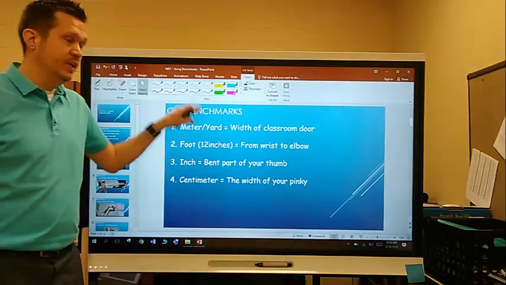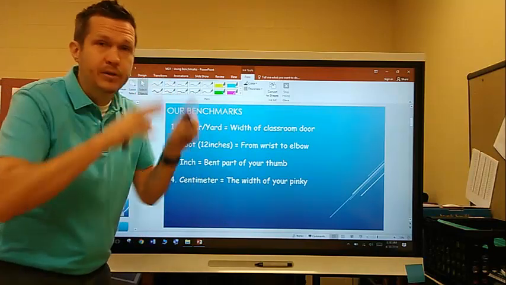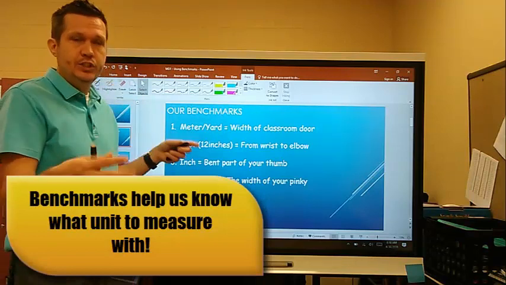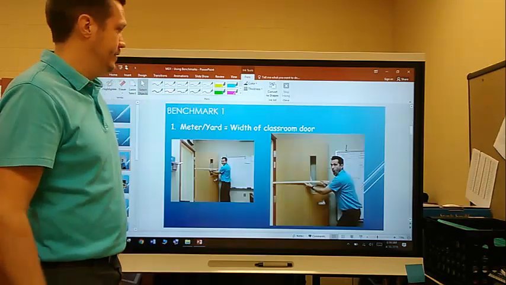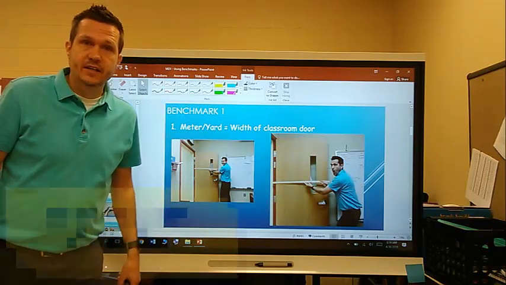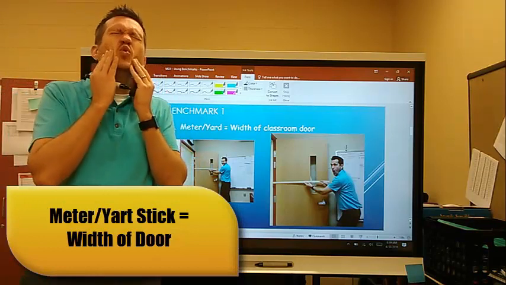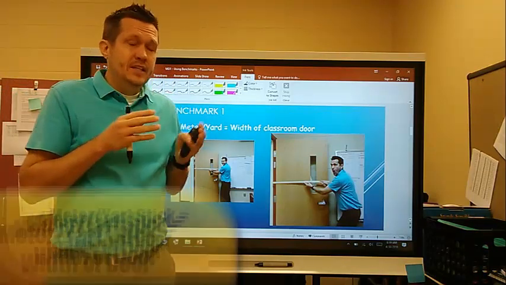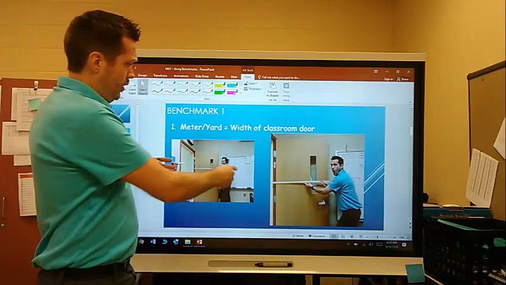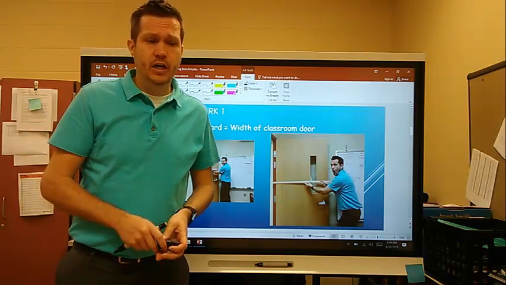First thing we're going to do is revisit our benchmarks, the things that we store in our mind to help us remember what unit of measurement goes with what and about how big that unit of measurement is. So the first benchmark was a meter or a yardstick. If I think about an object and I'm thinking, ooh, if that object is about the size of the width of my door, then I know I'm going to use a meter or a yardstick.